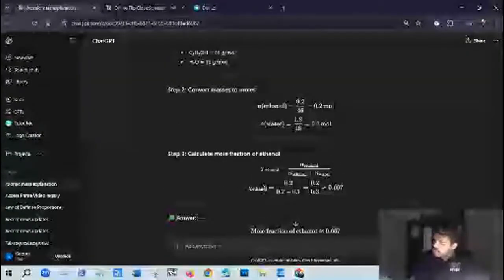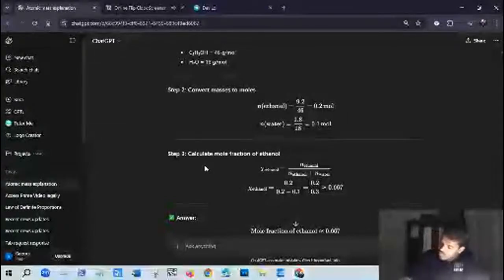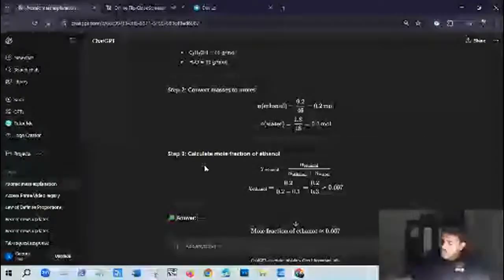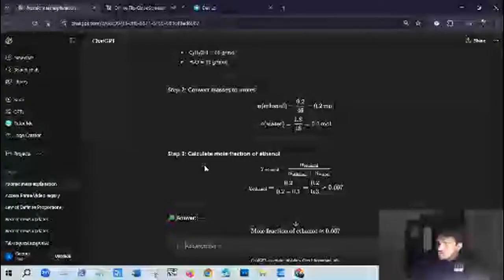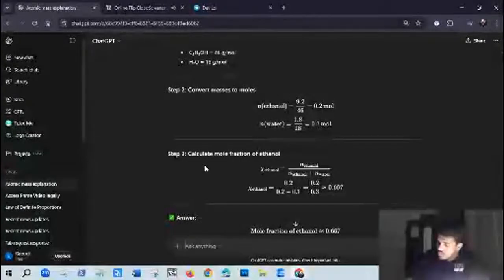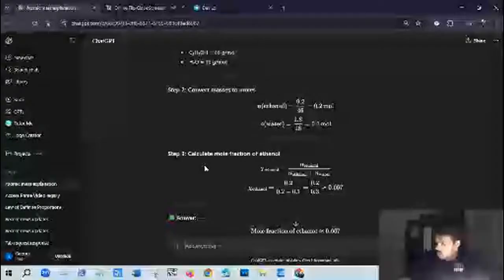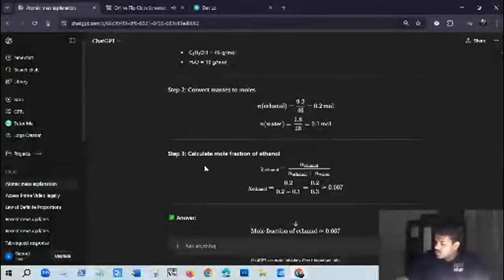X of ethanol is equal to n of ethanol divided by n of ethanol plus n of water, so 0.2 divided by 0.2 plus 0.1, that is 0.2 divided by 0.3, that is 0.667.